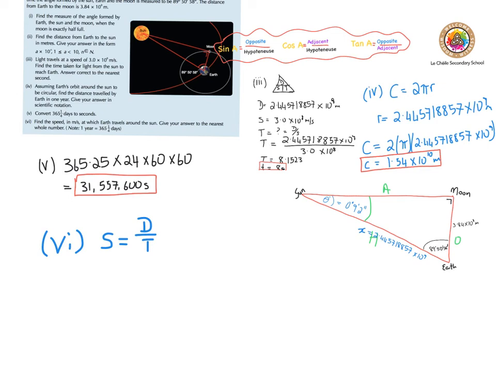Okay, so the distance this time is going to be equal to our circumference, which is 1.54 by 10 to the power of 10 meters, because that's how long it takes to travel a full year. Our time is what we've just worked out, and again that's because they say note 1 year equals 365 and a quarter days.